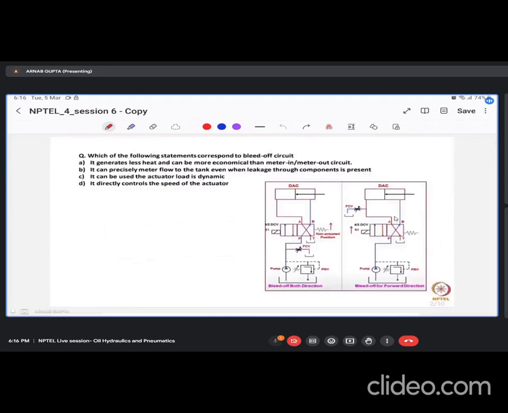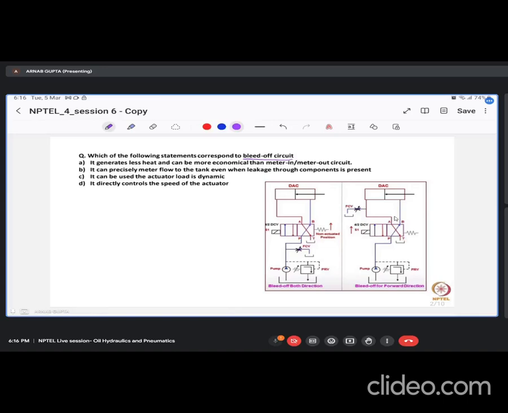Okay, so let's start today's session. So the first question. Which of the following statements correspond to a bleed off circuit? So, as we know, a bleed off circuit comprises a flow control valve that bleeds off the oil supply either from the main line or from the return line, depending on how you want to control the speed of the actuator.